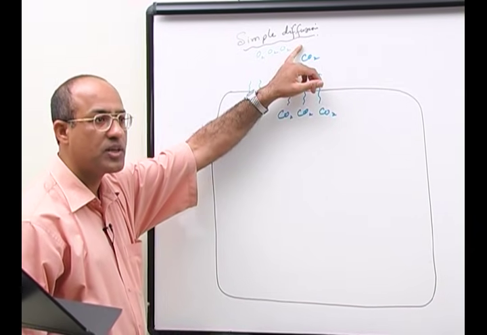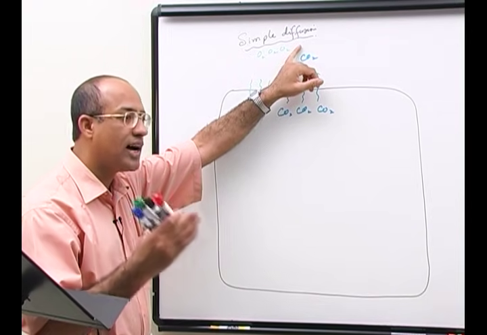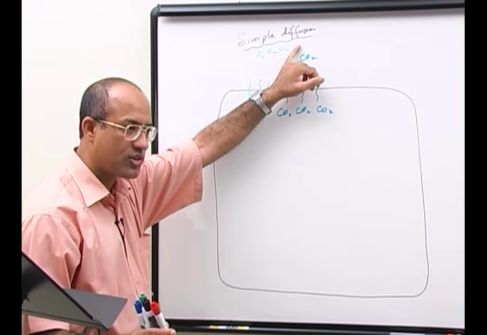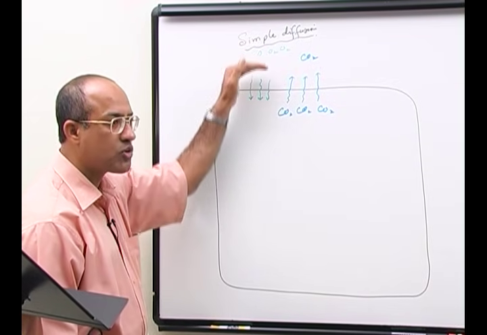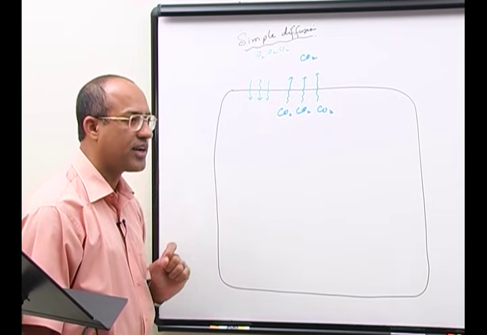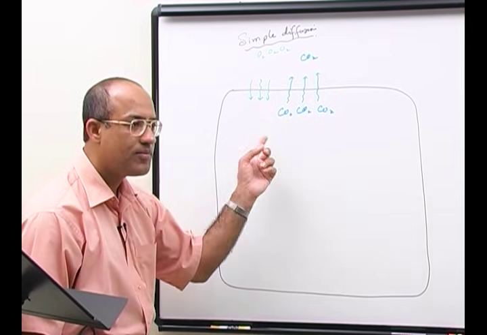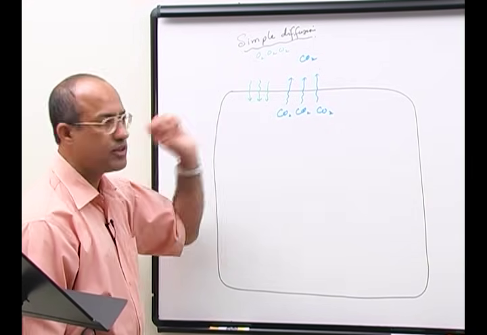What is simple diffusion? Diffusion is the mechanism in which molecules move from high concentration to low concentration, and which substances can easily diffuse across the membrane? Those substances which have very small molecular weight or which are highly lipid soluble. So this is the basic about diffusion.